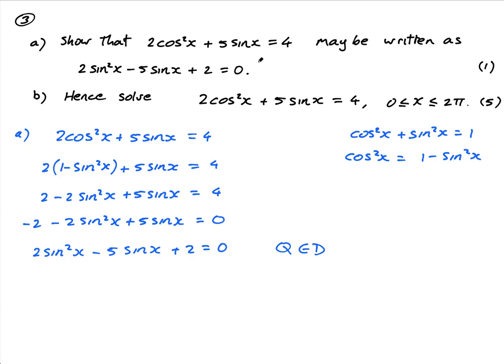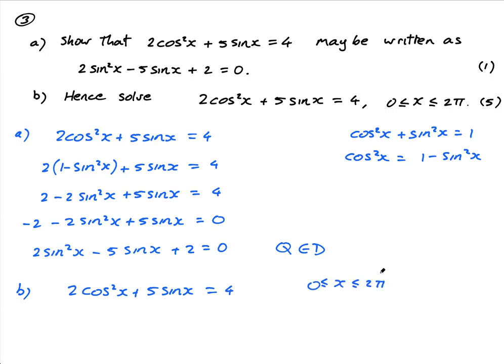So I've shown this. Now, as I said, 1 mark for that I really think is harsh. That is surely worth 2 marks. Anyway, it says, hence solve this for x between 0 and 2 pi. So I'm solving 2 cos squared x plus 5 sine x equals 4 for x between 0 and 2 pi.